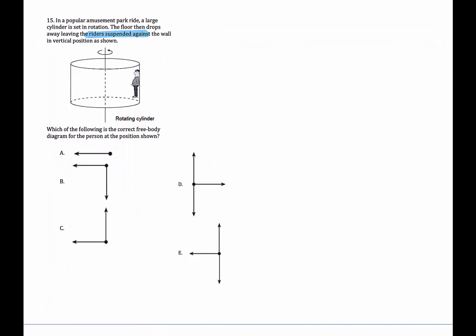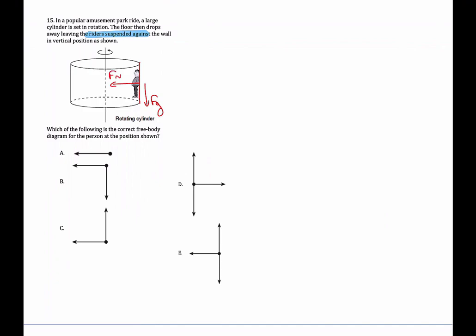I don't know yet which is the correct answer, but I know for sure the force of gravity will be acting downwards. And since the person has their back against the wall of the cylinder, the wall applies a force towards the center of the cylinder. This is a centripetal force, but it is also the force from the wall, so it is a normal force.